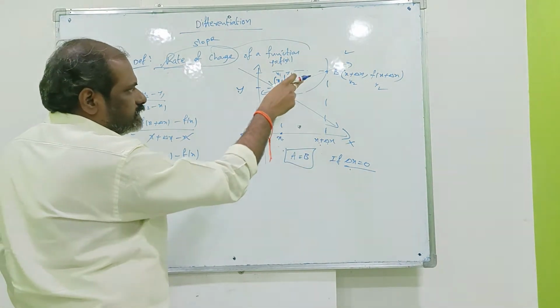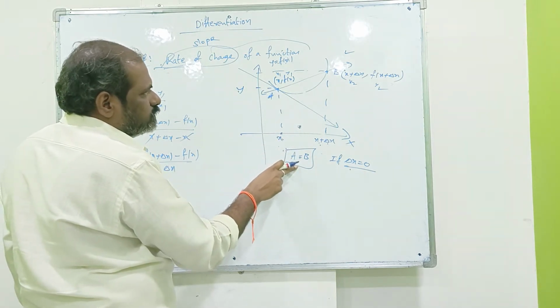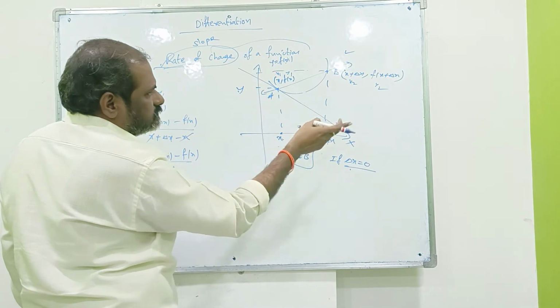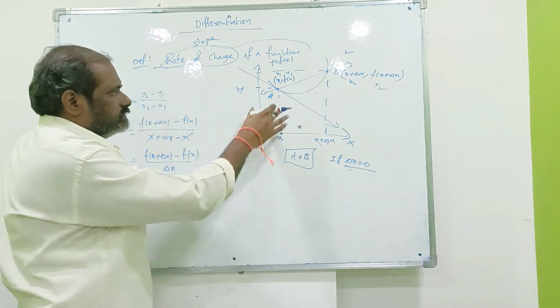So when A equals B, the secant line is converted to the tangent line. When the 2 points are equal, we get the tangent line.